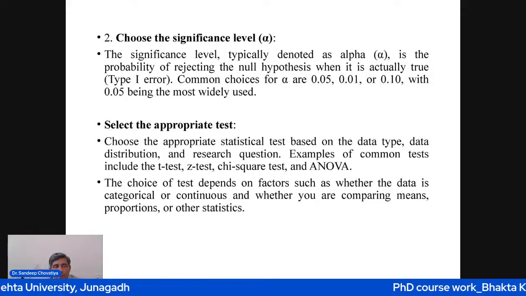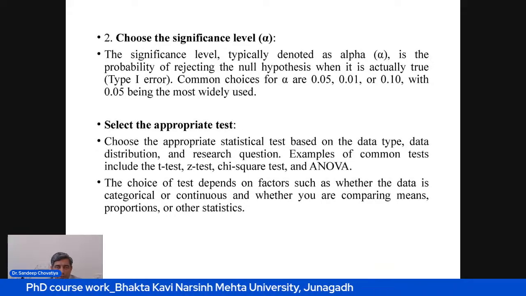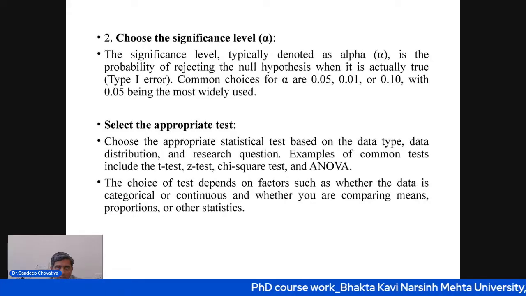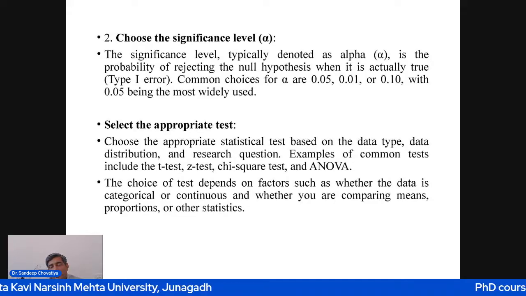This is the probability of rejecting the null hypothesis when it is actually true, and we commit the type 1 error.